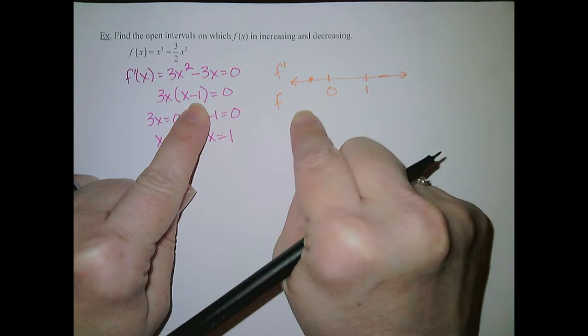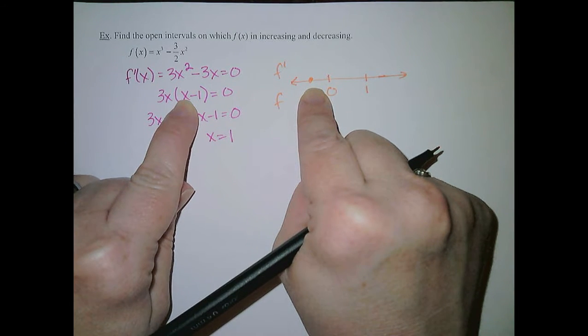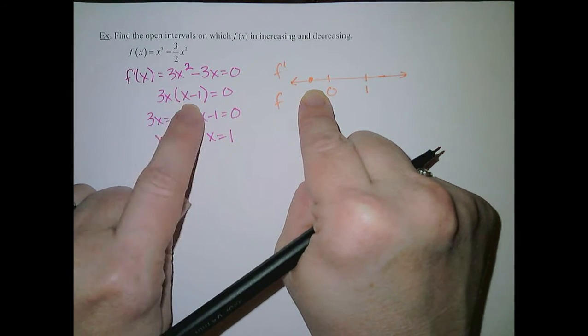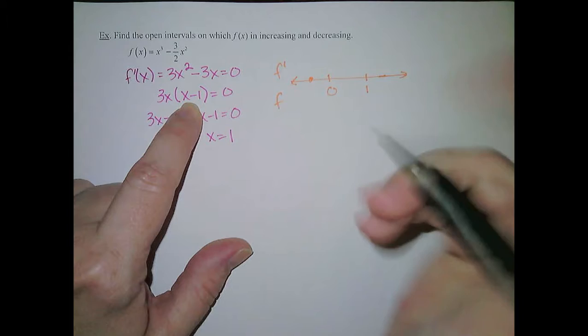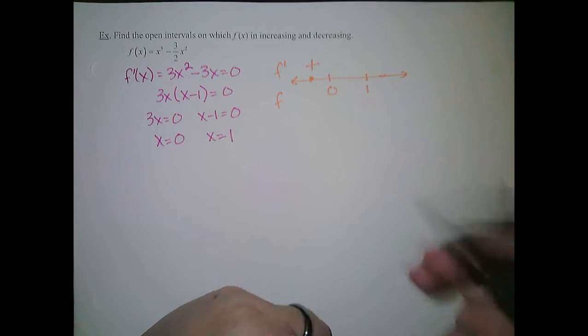And if I plug in a number that's less than 0 here, this is also going to be negative. So a negative number times a negative number is going to give me a positive. So for all of the values where x is less than 0, our function has a derivative that's positive.